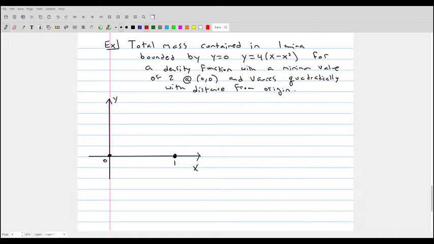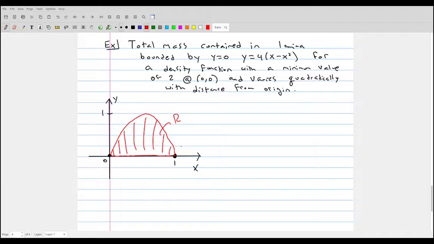It looks like this, a downward opening parabola with a maximum height of 1, and then y equals 0 is just this straight line right here. So this is the geometric lamina, or the region that we're finding the total mass of.